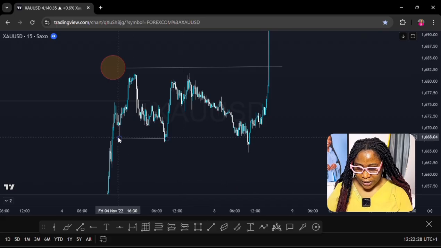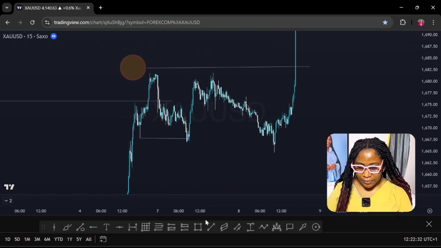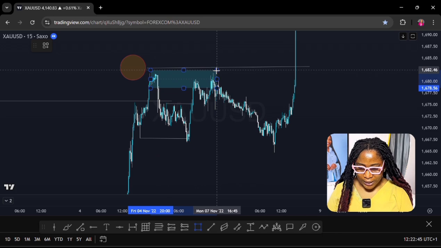Once we get a change of character in this 15 minutes time frame, I would have taken this sell. Why? We can see that we have pools of liquidity here, and then we have an order block, and then we know that the internal pullback has started.